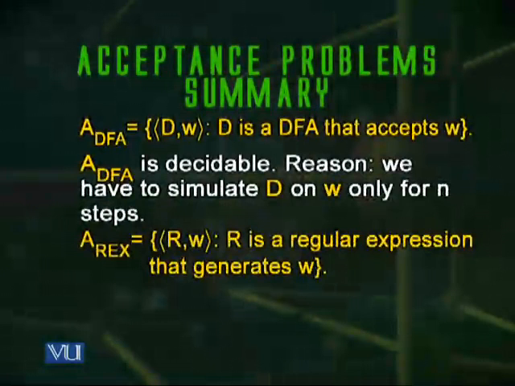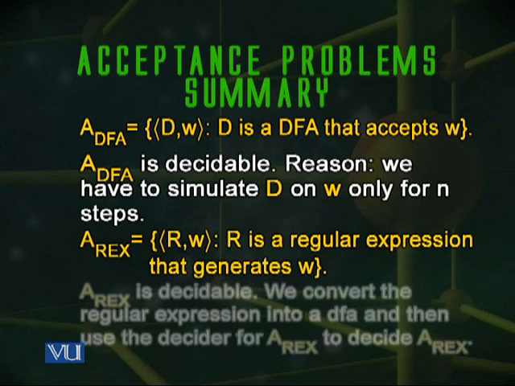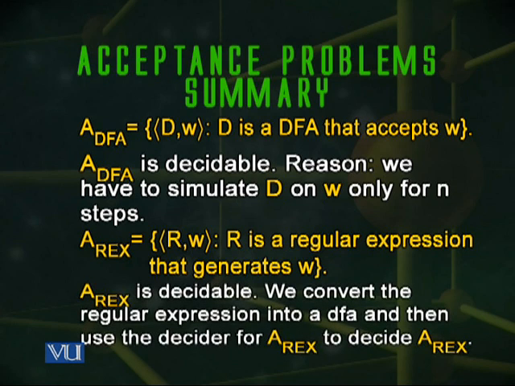Then we looked at A_REG, which was the set of all pairs r, w, where r is a regular expression that generates the string w. So you're given a regular expression r and a string w, and you want to ask whether r can generate w. Well, this problem was decidable. What we did was take this regular expression r and convert it into an equivalent DFA.